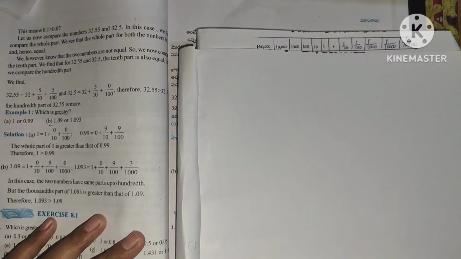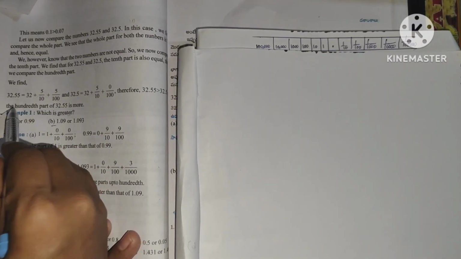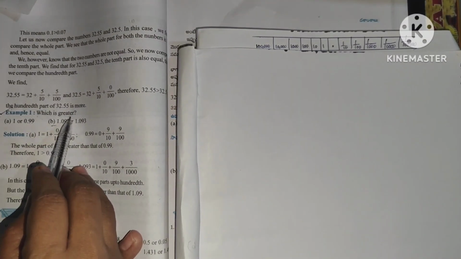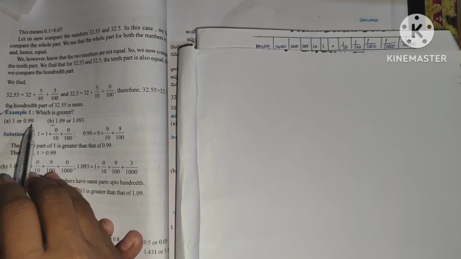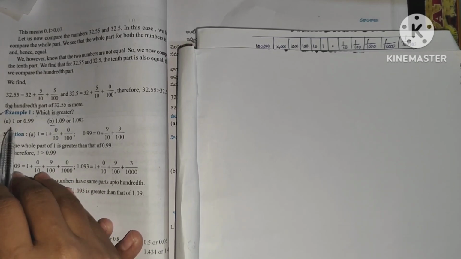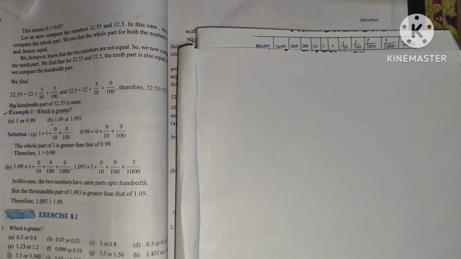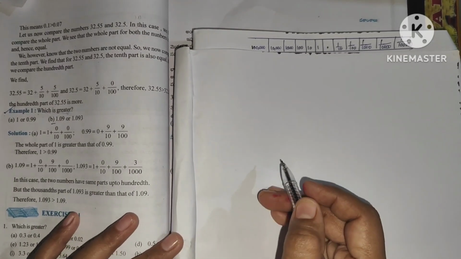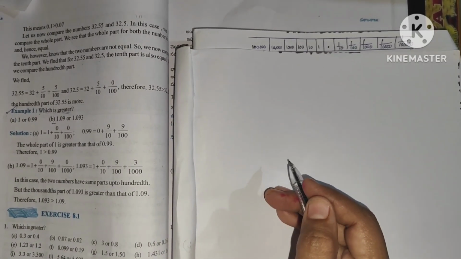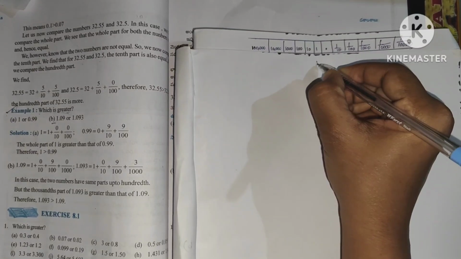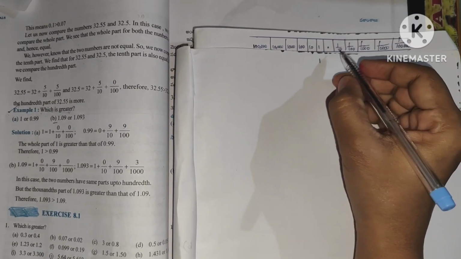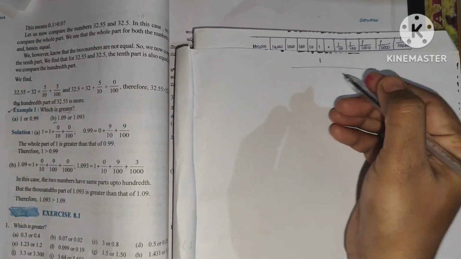Now example 1: which is greater? Here two decimal numbers are given, 1 or 0.99. For 1, just write the place values of the numbers. In the ones place there is a 1, and that is our first number.